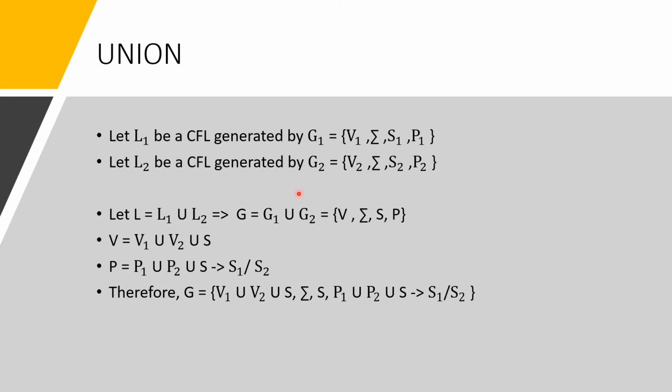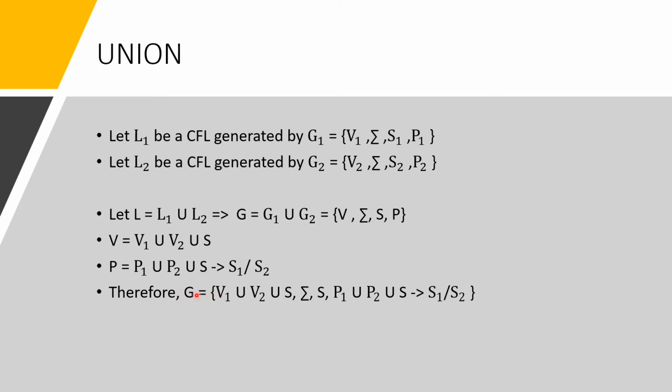Now the language L will contain non-terminal symbols of L1 and L2. Since there will be a start symbol for the newly formed grammar, V equal to V1 union V2 union S. Since the grammar G must contain the rules of G1 and G2, we need to write a new rule, that is S implies S1 union S2, which finally implies P equal to P1 union P2 union S implies S1 union S2.